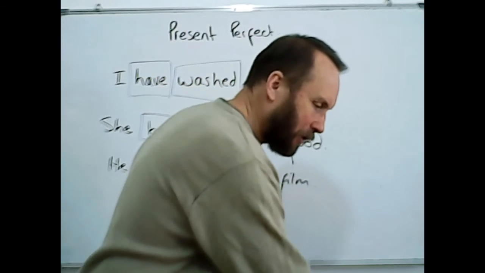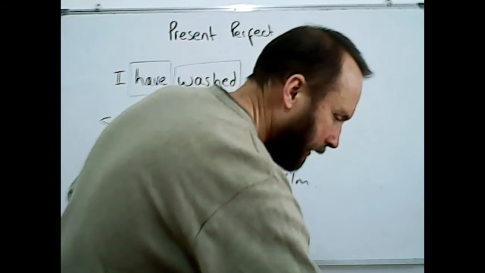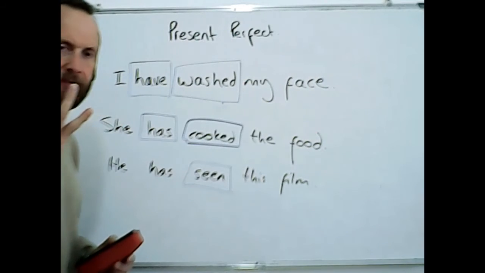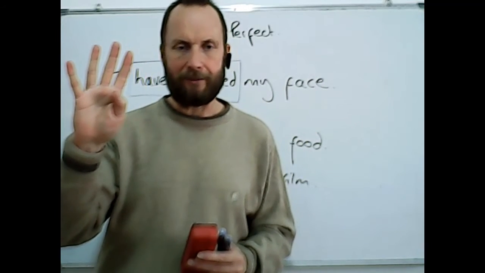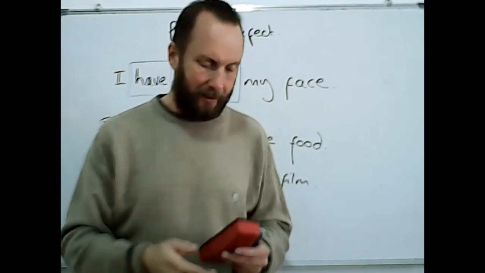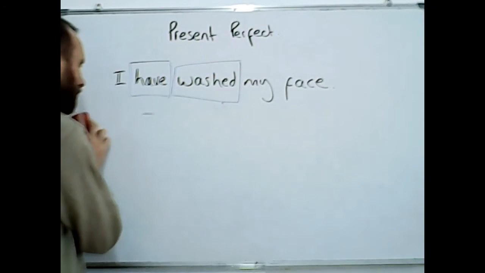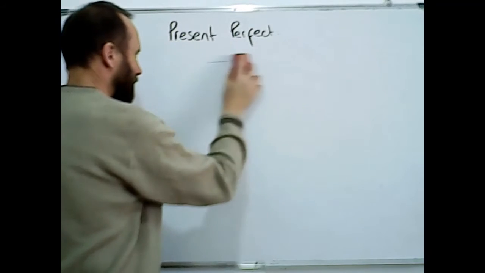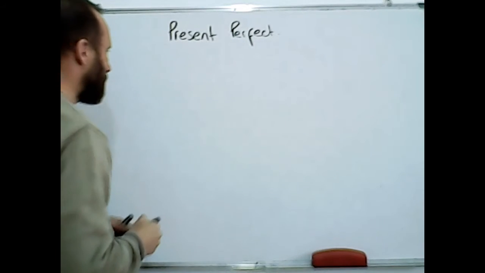Okay, well it's near enough all we're going to do today. All I want to do now is just introduce the four, what I consider are the four different uses of the present perfect. And this is, don't worry about this now, because this is what we'll do over the next few days. Okay? Four different uses that I can.